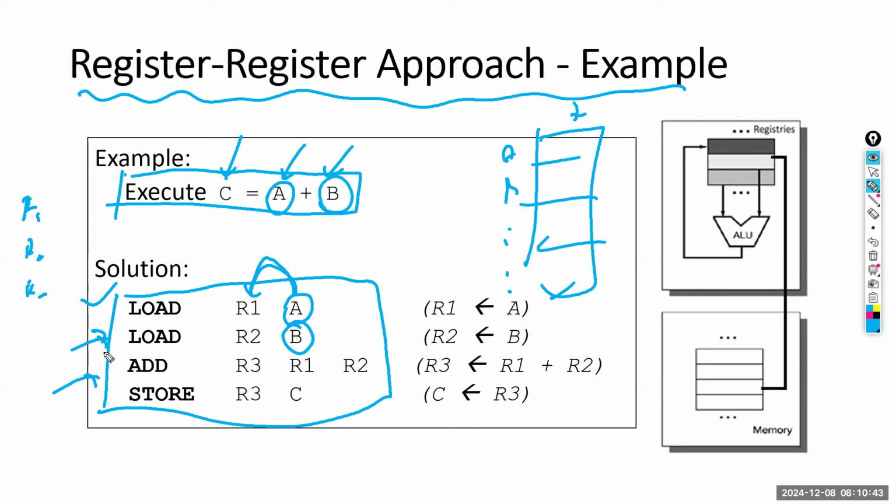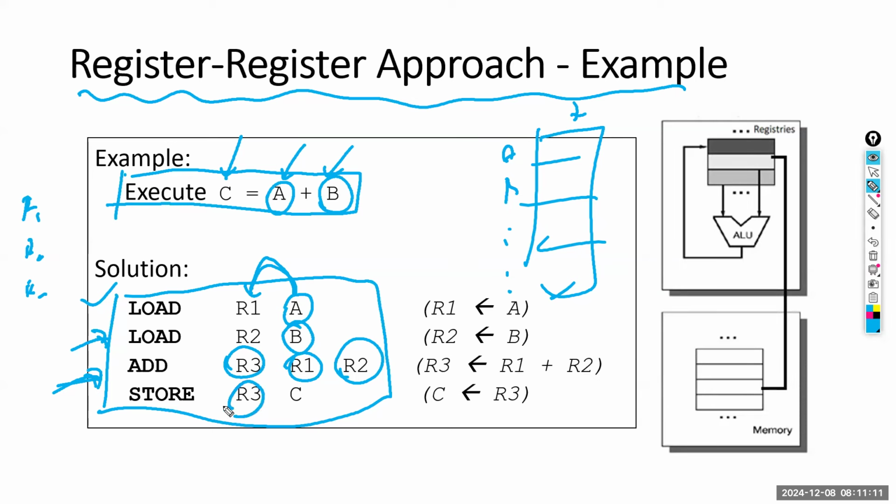Now we can ask the processor, add the values in register 1 and register 2 and write the result back to register 3. Okay. Now after this third statement is executed, register 3 has A plus B, the values in memory addresses A and B. Now, of course, we need to write it back to the memory, because other applications and input-output devices can refer only to the memory, not to the registers.